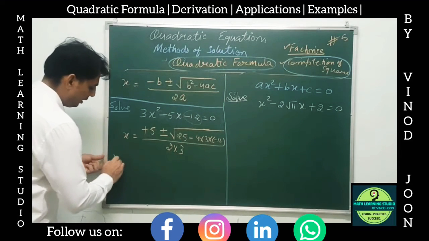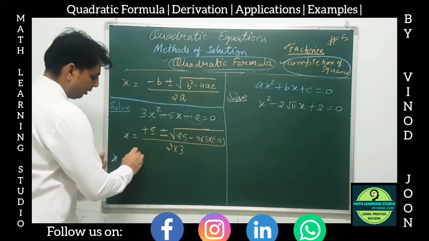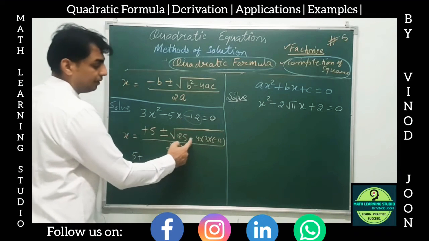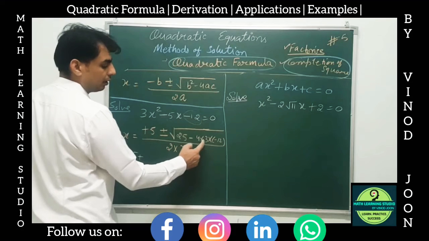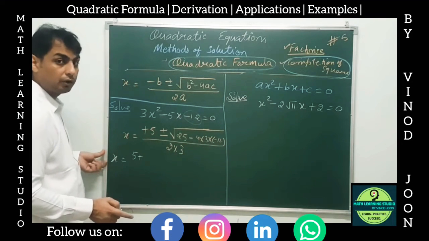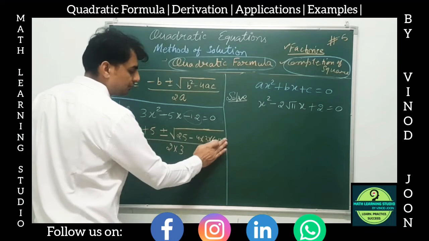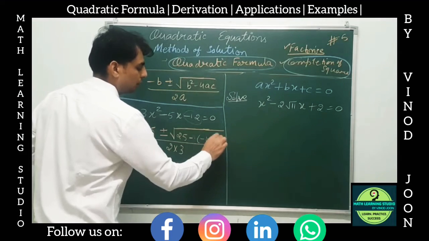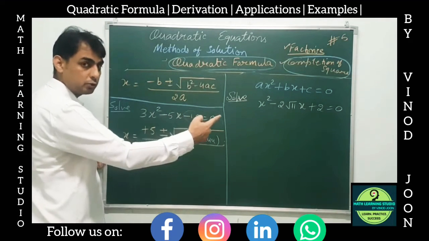Next we will get what? x will be equal to 5 plus, I'm taking only the plus value, 25 minus, what will we get here? 4 into 3 is 12, 12 into 12 is 144, 12 square. So this becomes minus 144, right? Because it was minus 12 in the last.